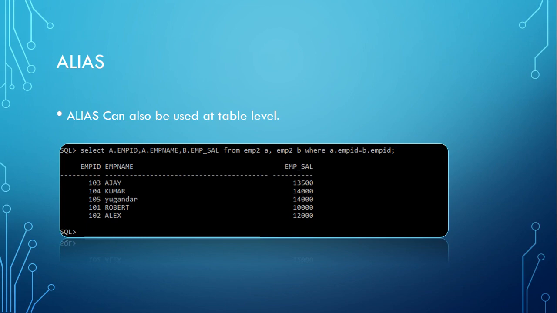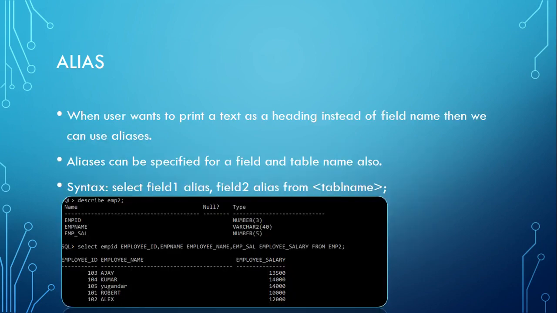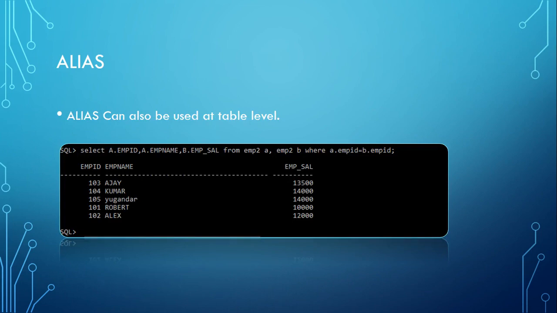So that's the reason you will be creating aliases and then retrieving the data. Sorry about that. So in this place we can use aliases at the table level. So aliases can be used at the field level and also at the table level.